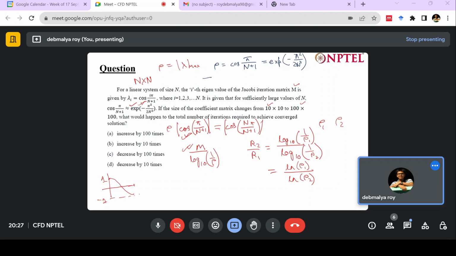But what do we need? We need ln rho, right? ln rho 1 and ln rho 2. So let's find ln rho. It is basically log of this, which is minus pi square by 2n.